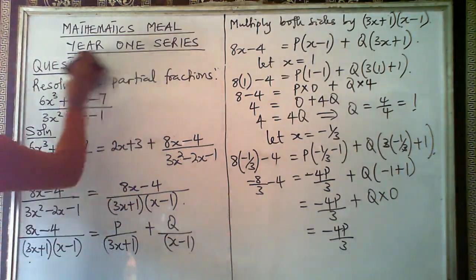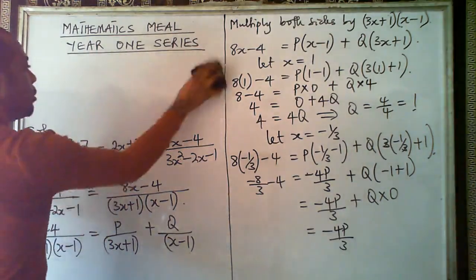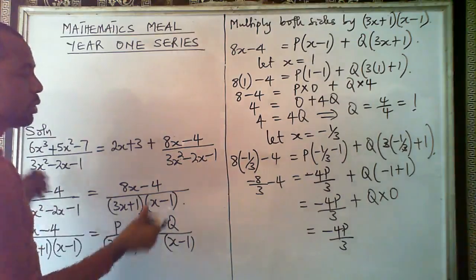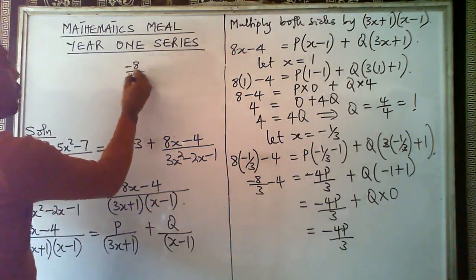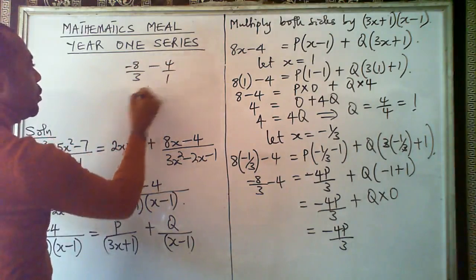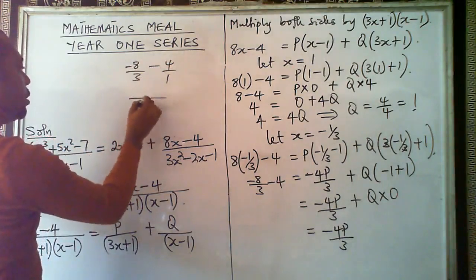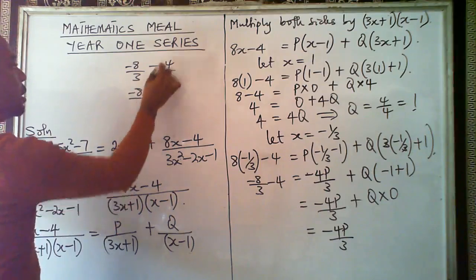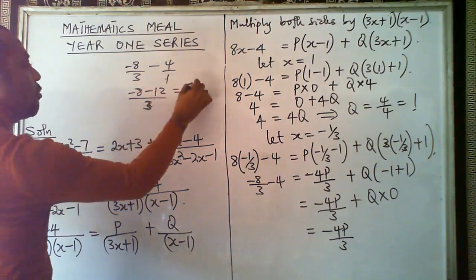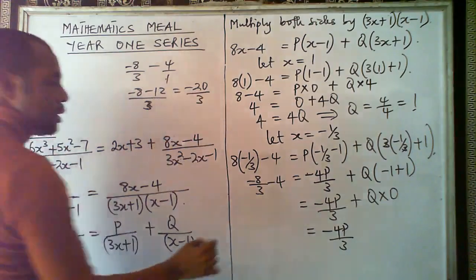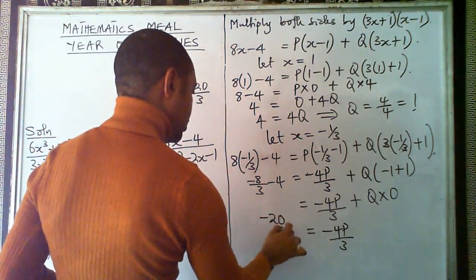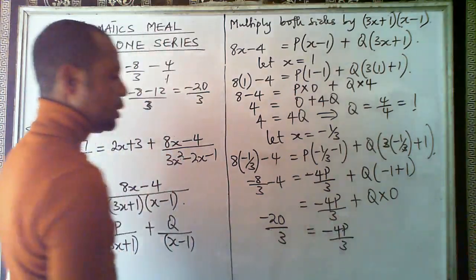Okay, let's clear here so that we can see that that's actually what we're going to have. Minus 8 over 3 minus 4. So this is 3, right? This will give us minus 8 times this minus 12. So we have minus 20 over 3. So minus 20 over 3 equals this.